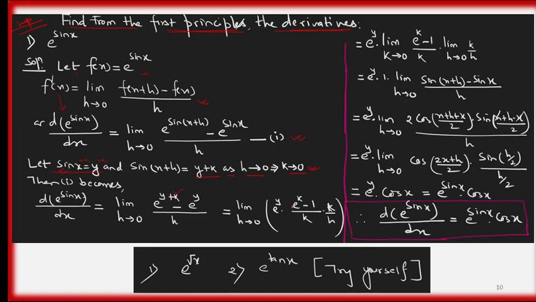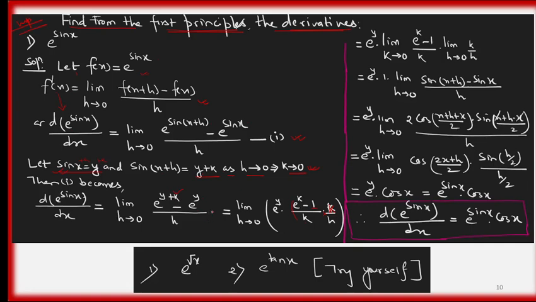Here e to the power y is common, remaining e to the power k minus 1, and then we divide by k times k by h. So k cancels, e to the power y is common.